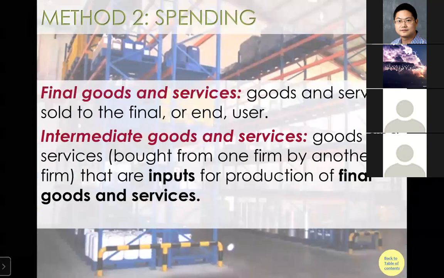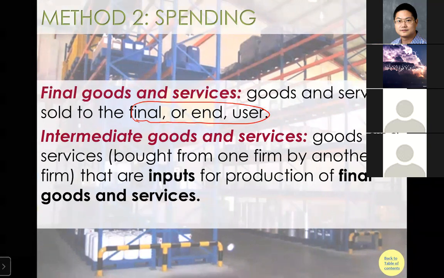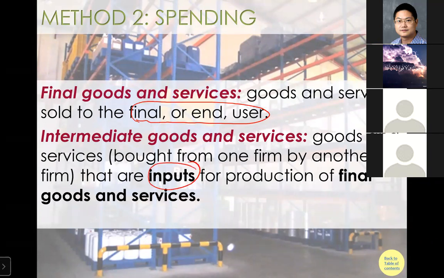Now here we define final goods and services. Goods and services sold to final or end users are considered final goods. Intermediate goods and services are goods and services that are inputs for the production of final goods and services.